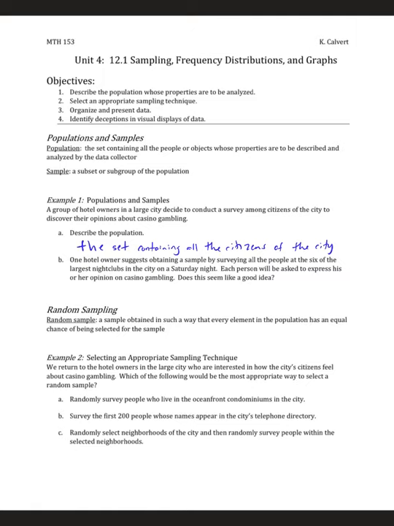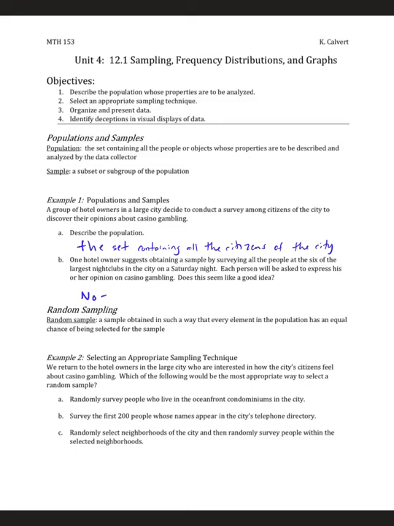The answer is going to be no, meaning this is not going to be a good idea if they want to get a nice, fair survey amongst the people. And why or why not? Well, we're going to say no because maybe the nightclubs are affiliated with the casinos, so the people at the nightclubs might be more okay with the gambling.